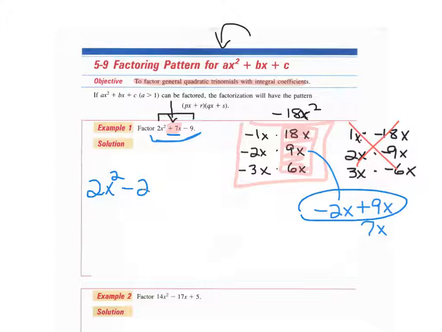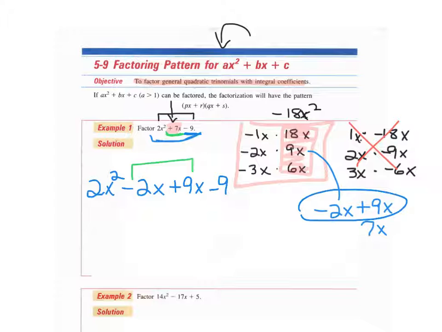So -2x plus 9x, and then I rewrite the last term. I've now replaced the 7x with -2x and +9x, the factors of that -18x squared.